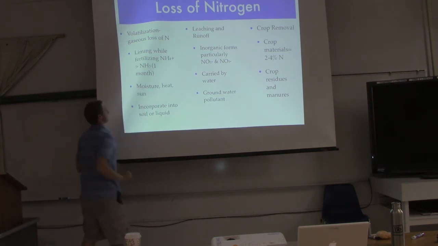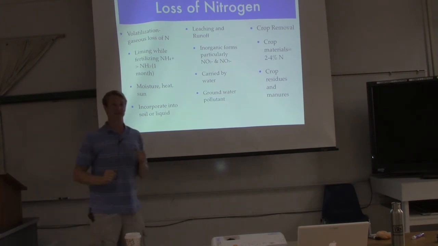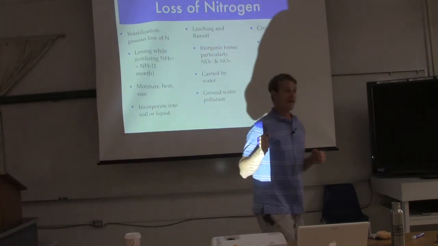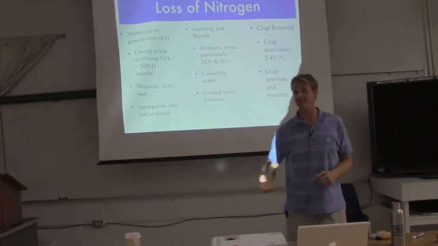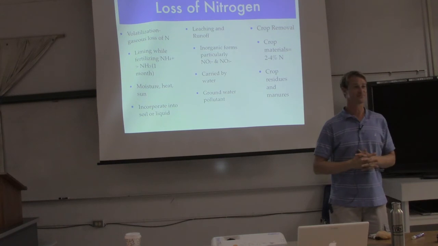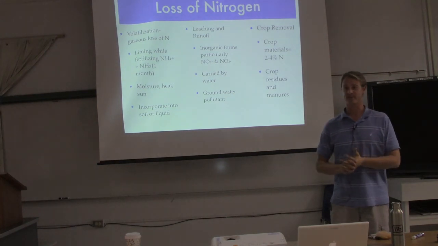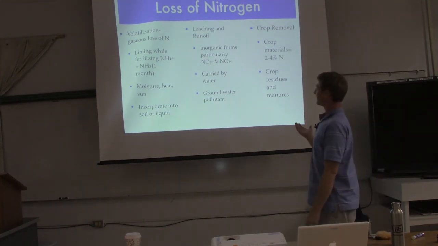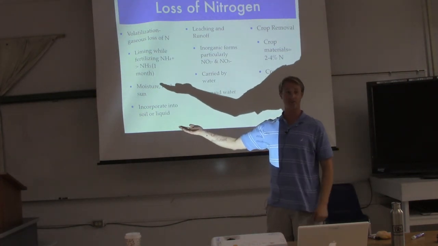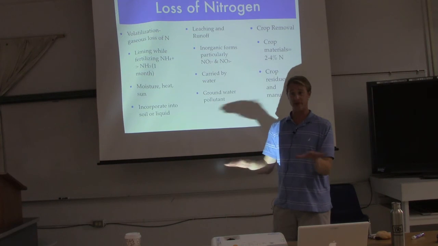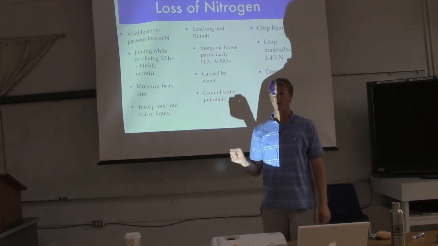Moisture, heat, and sun. If I take a nitrogen-based fertilizer, and I walk out into my environment and I just throw it underneath my corn plants and then I walk away, what have I done wrong? Well, I've put the nitrogen out into an environment that it can get rained on, or even just water vapor from the soil can cause it to become moistened.